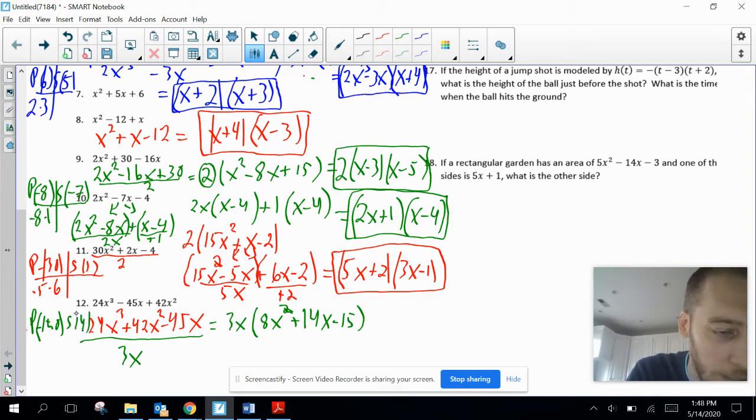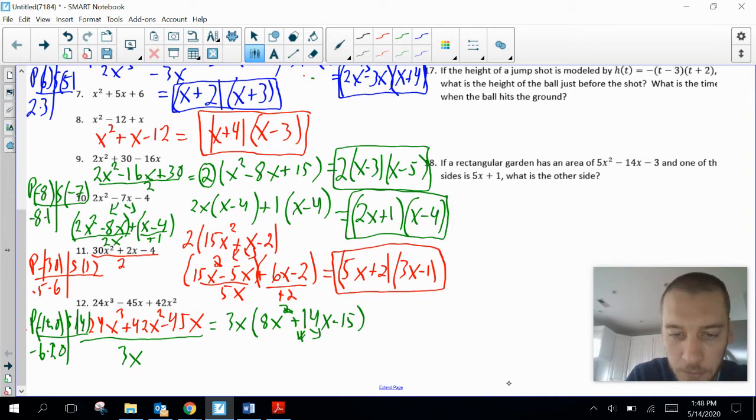So I need to multiply to get -120, but add to be 14. So what do we got? 20 and 6, right? So it's going to be negative 6 times 20. And that's what I'm going to use to split these up.